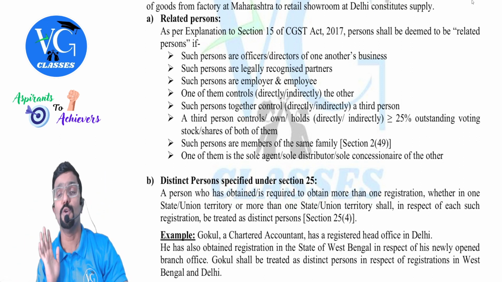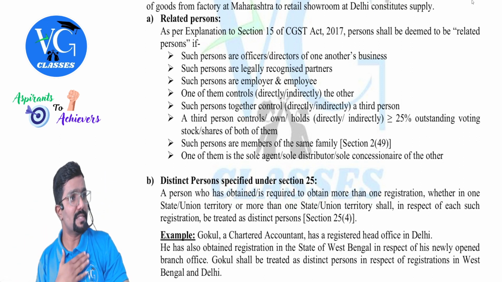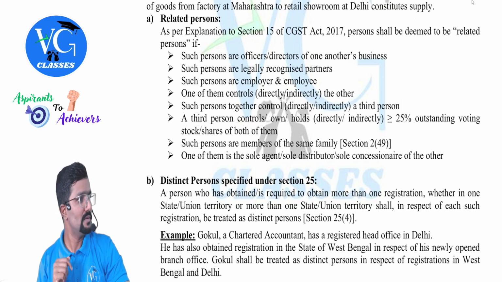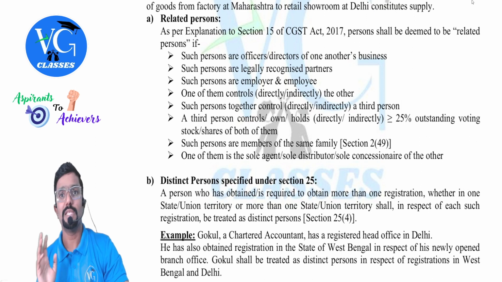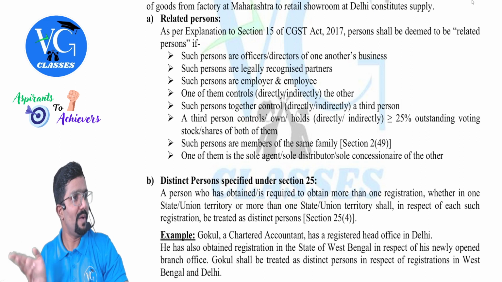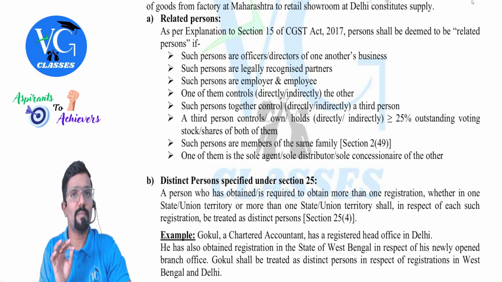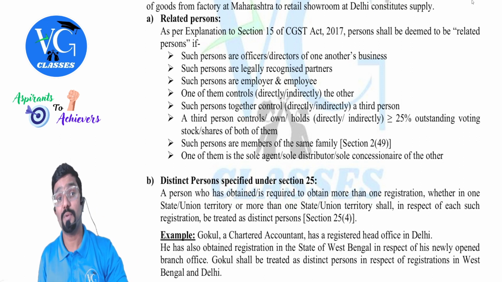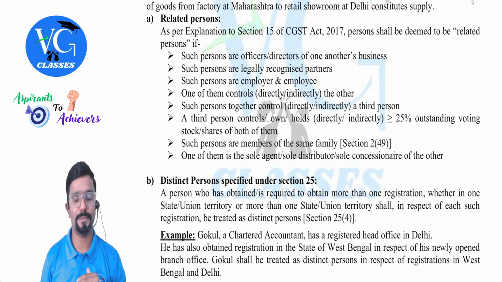Barter is not the right word to use here. Assume A and B are related persons. A gave to B. B didn't give anything. Is it still a supply? Yes. Or else X and Y are related. X gave something to Y, but Y didn't give anything in return. Is it a supply? Yes. It is a supply provided they are related persons.